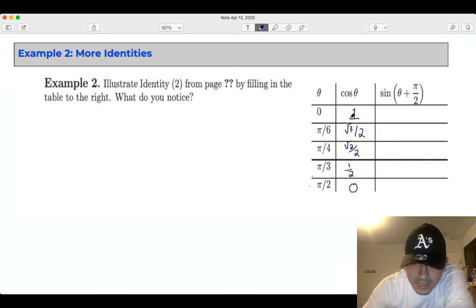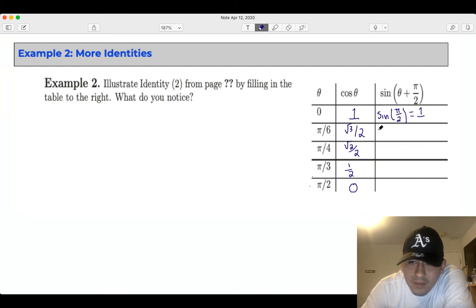All right, cool. So let's start filling these in. For this expression, we're going to be adding pi over 2 to all these different data values. For this one, we have the sine of 0 plus pi over 2, which is just pi over 2. So we're taking the sine of pi over 2, and the sine of pi over 2 is in fact 1.